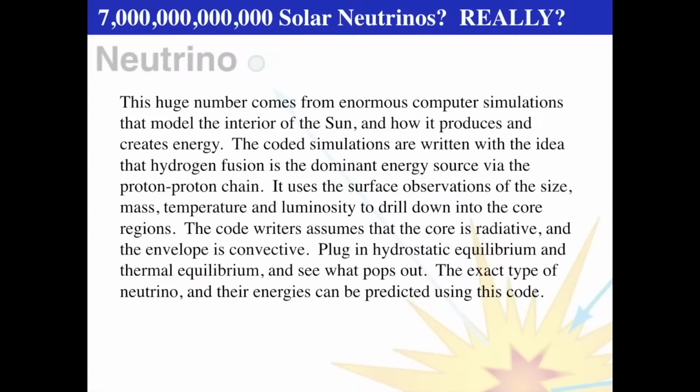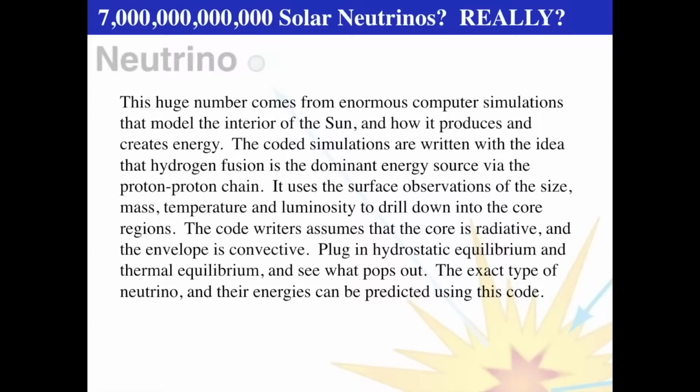So really, 7,000 billion neutrinos through your thumbnail every second? Where does that number come from? The proton-proton chain, and why there has to be 10 to the 38th, comes from computer simulations.